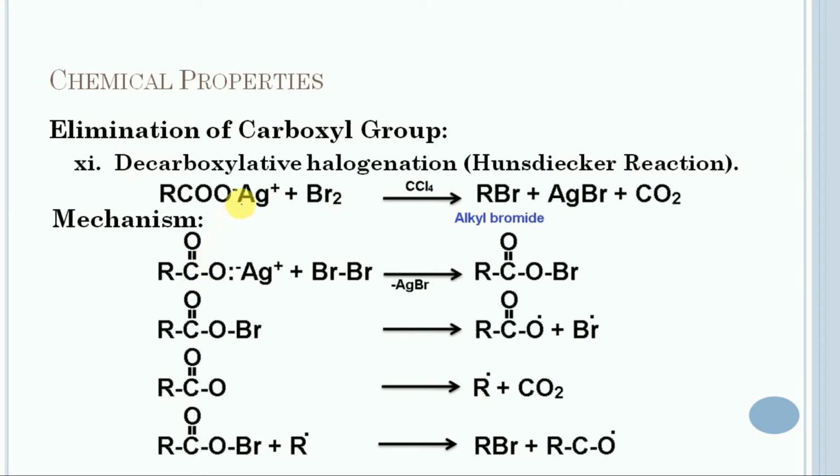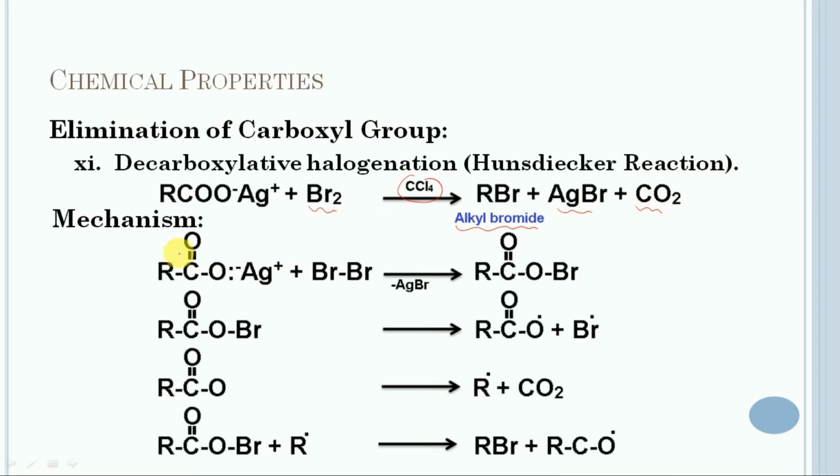So in this case, silver salt of the acid that is treated with bromine in the presence of carbon tetrachloride and alkyl bromide will get formed. Silver bromide and carbon dioxide, these are the side products.